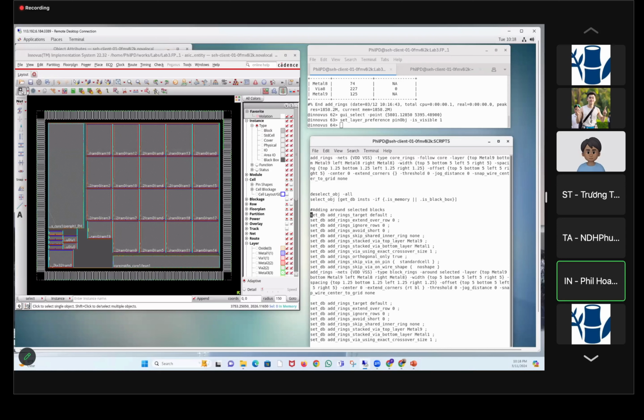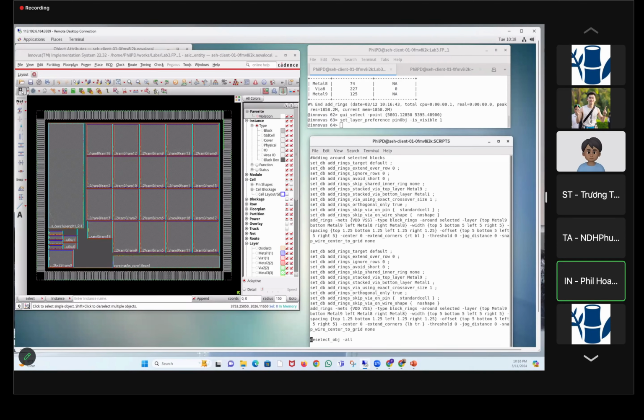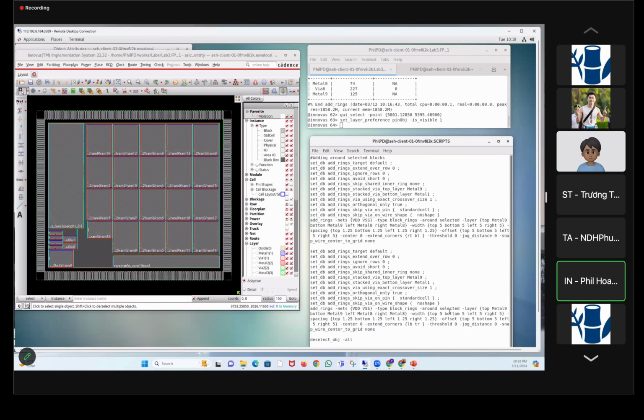If there are questions, please ask me, because I think this is so simple that we probably finish with the lab very fast. And then there's another add ring, block ring around selected. I don't know why we have this similar thing.